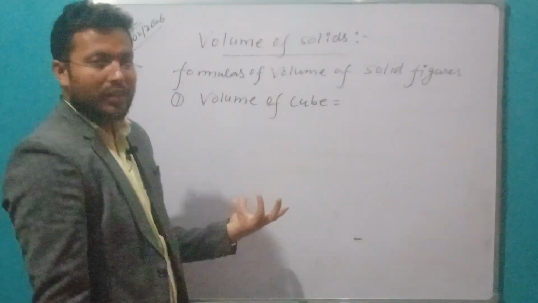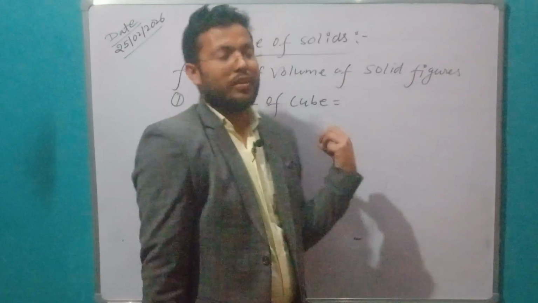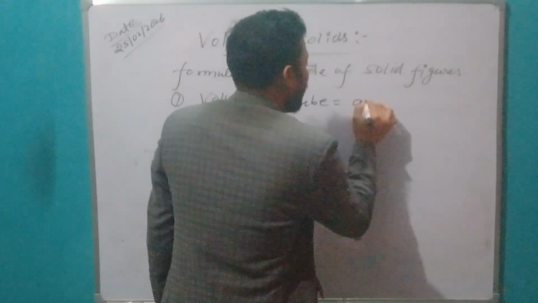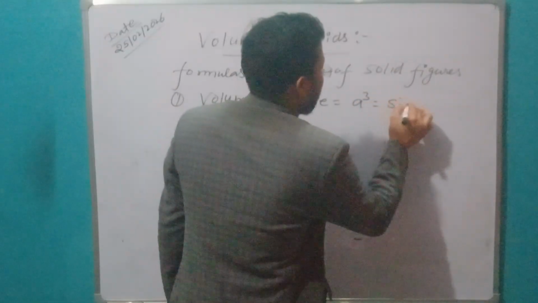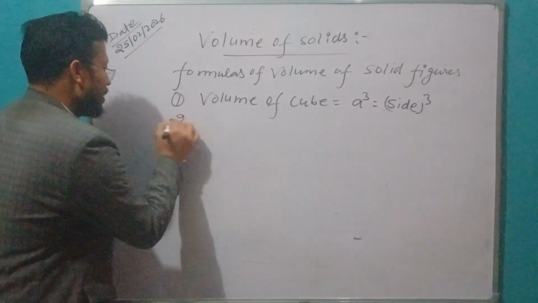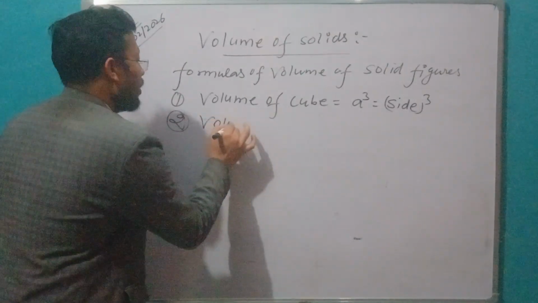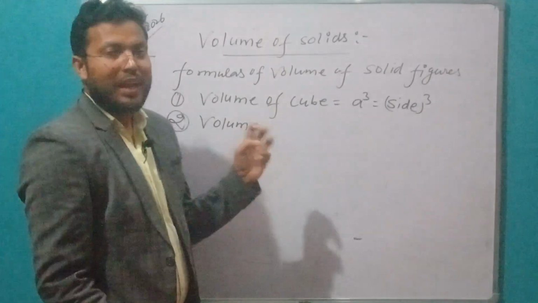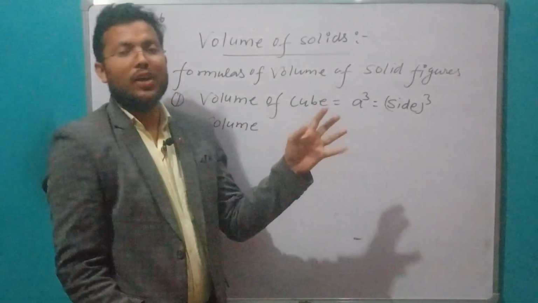Cube is just like here, all the sides are equal. The volume of cube equal to a cube, where a means side, cube of side. The second formula is the volume of cuboid, in which the length is not equal to breadth, which is not equal to height.